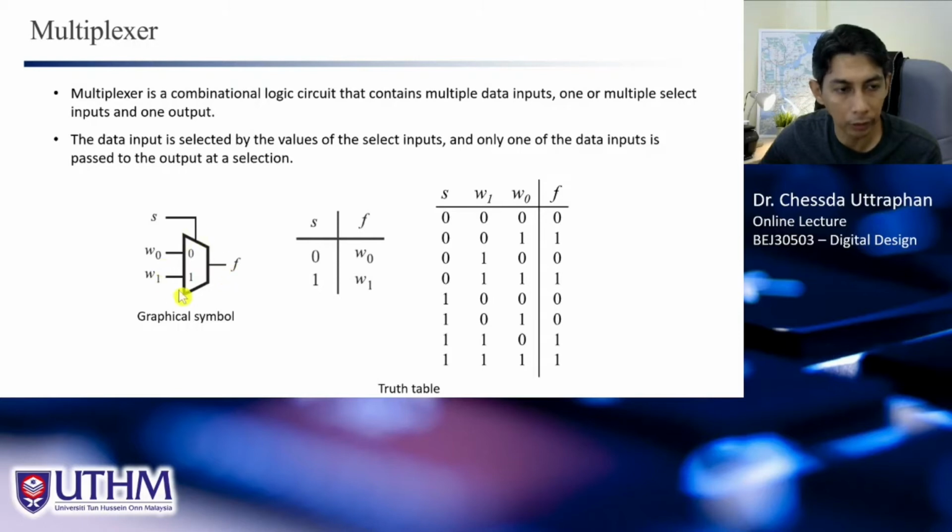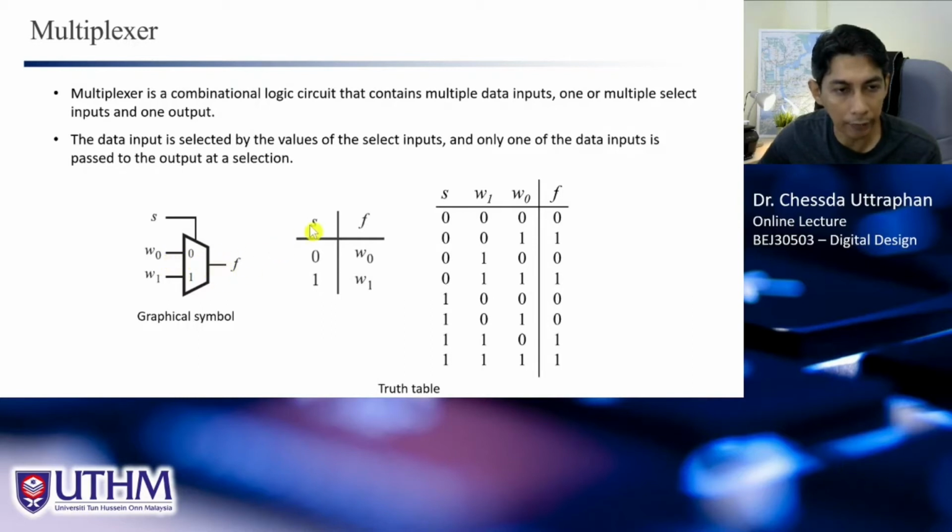So for example, for the 2-to-1 multiplexer, we have two inputs and one control signal and only one output, and at one time only one input is allowed to go to the output.